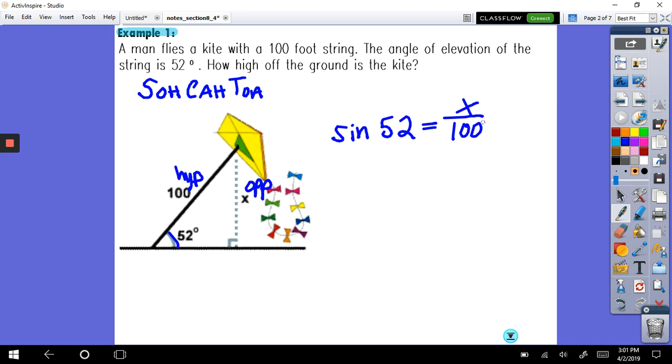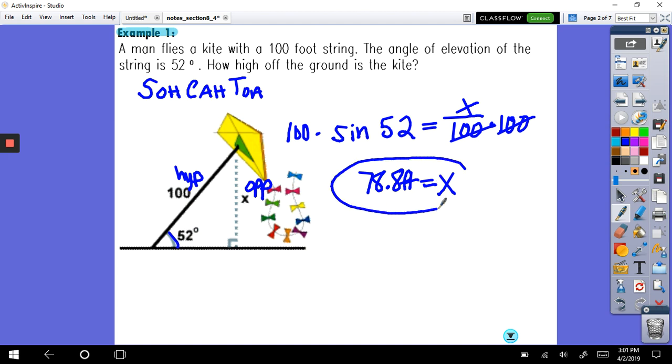Opposite over hypotenuse. And then to solve, we're going to multiply both sides by 100, which gives us 78.8 feet for x.